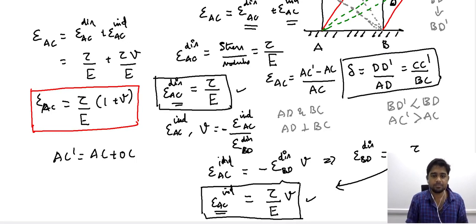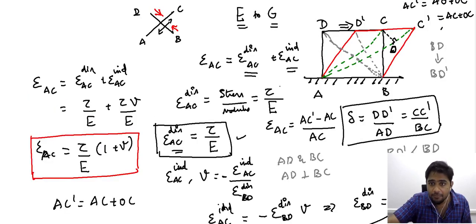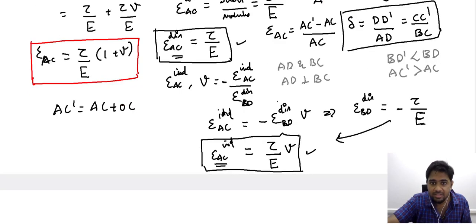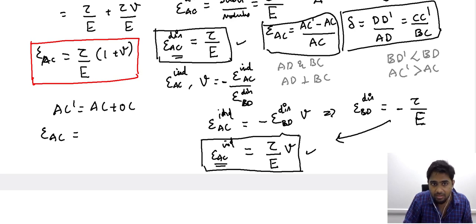Now when you consider the deformation along AC, we have already expressed it here. The deformation along AC is AC prime minus AC, divided by AC.